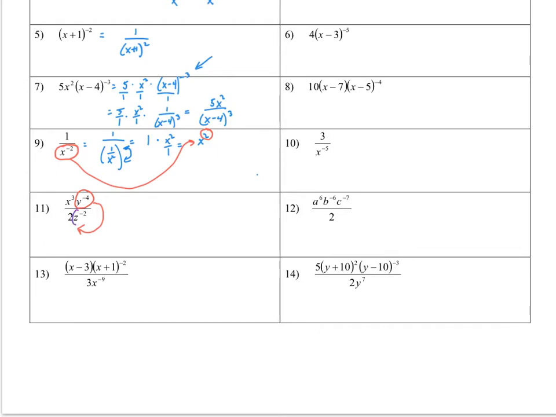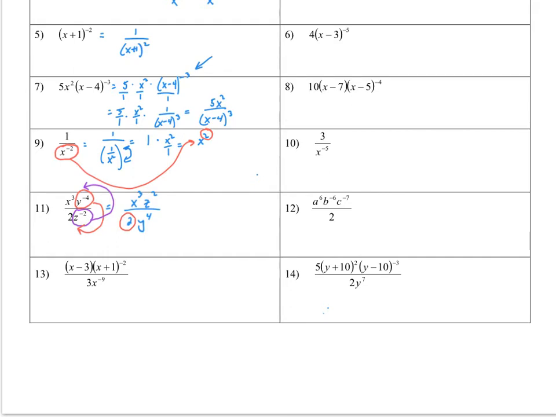Since z is to the negative second, we'll move that into the numerator and make the exponent positive. Therefore, our final answer is x cubed times z squared divided by 2 y to the fourth. Please notice that the 2 is not brought to the negative second power, so that means we are not moving it.